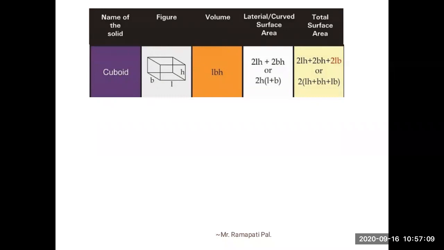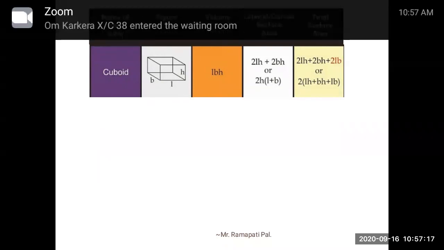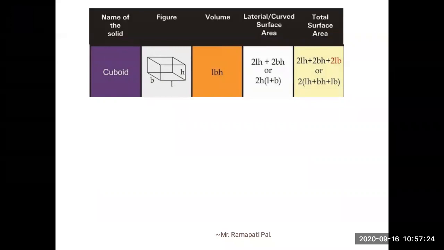Regarding the cuboid, I think everyone knows how many faces are present in cuboid. Yes, very good. How many edges are present? I think everyone knows what is edge. How many vertices are present?